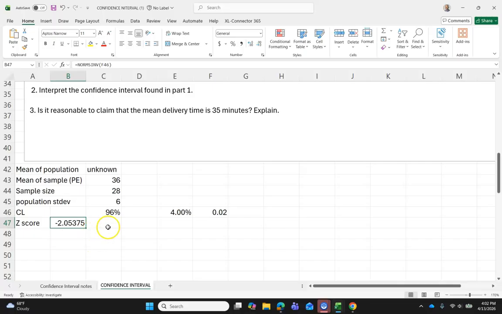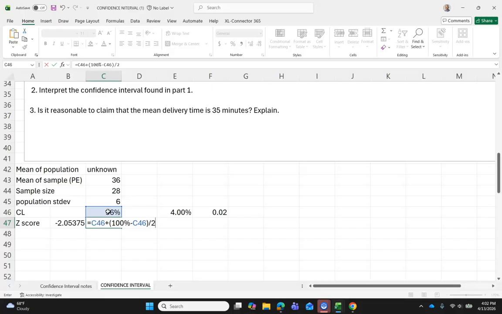However, we can find that z of the right side another way. Let me put an equal sign, and remember the formula that we had. So we take 96% plus, in brackets, 100% minus 96%, close the bracket, and we divide by 2.